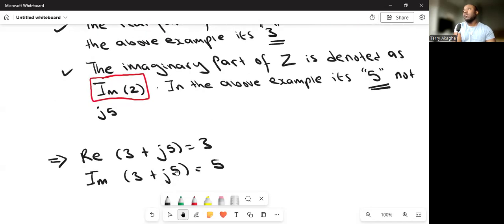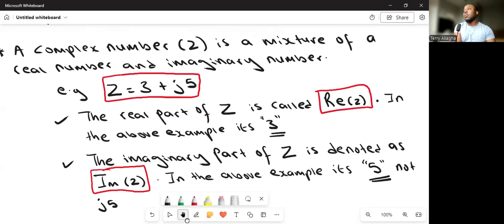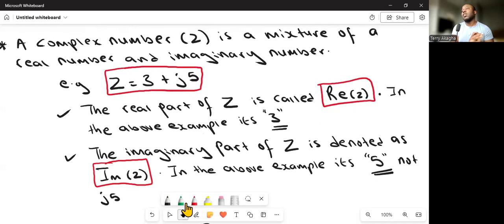So don't forget when we're solving: the imaginary number is the number after the J, while the real number is the number without the J. Always remember that.